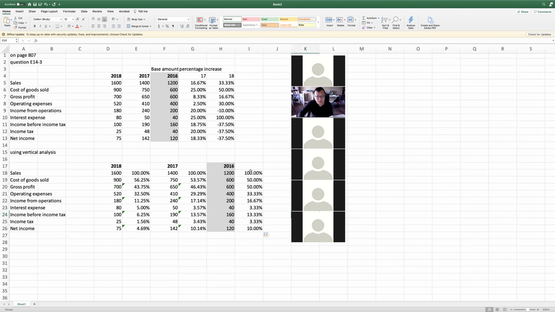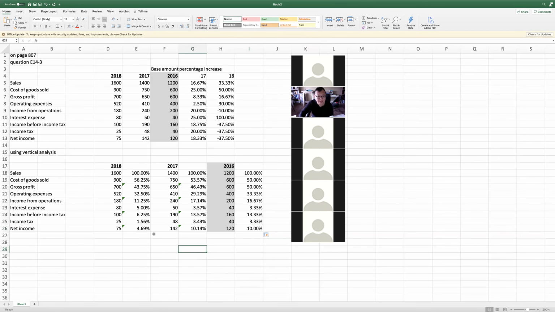So you can see that each item, each amount, is divided by the base amount, which is the sales. You want to see what's the percentage of the number as of the sales. So in 2016, for every $100 sales you made, you make $10 net income.